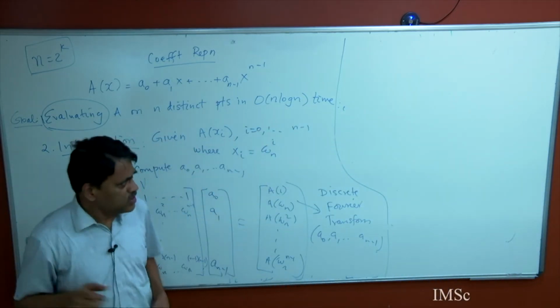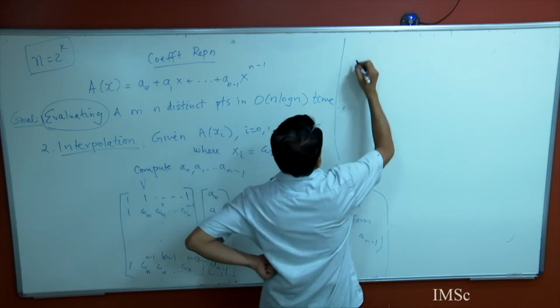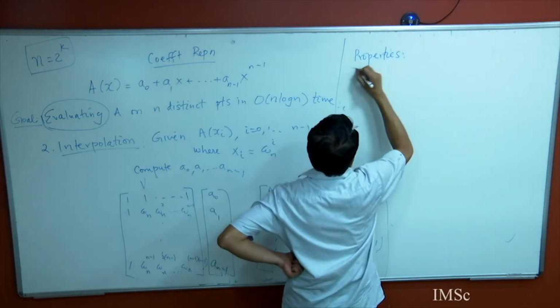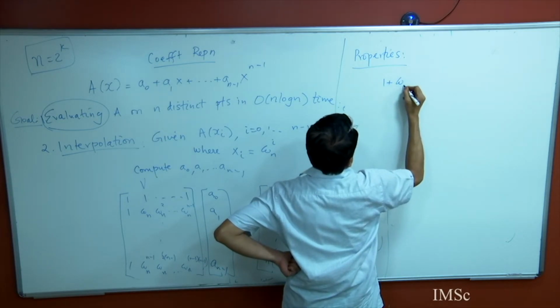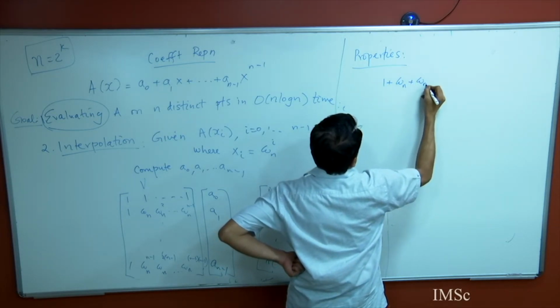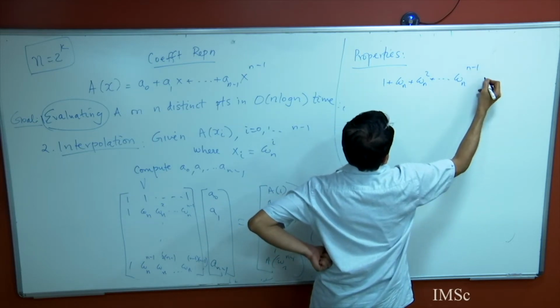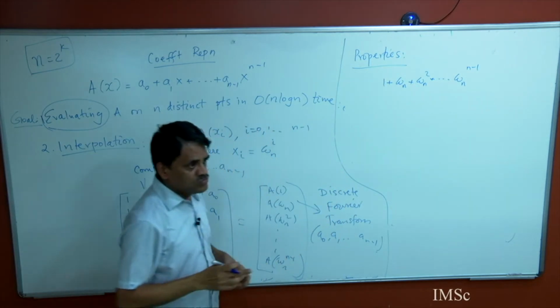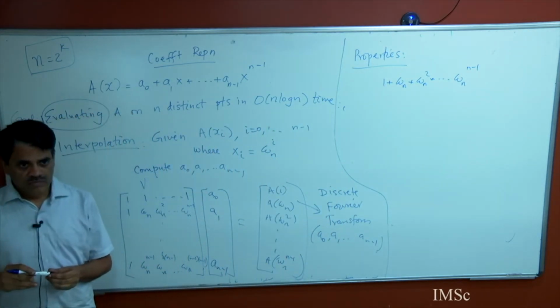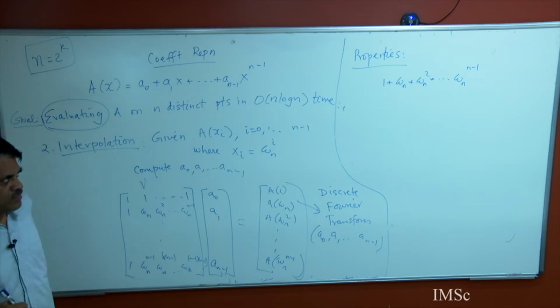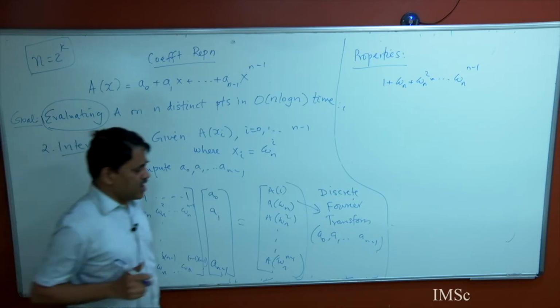So let's write down more properties of the nth roots of unity. What do you know about 1 plus omega_n plus omega_n squared plus and so on, when n is greater than 1?